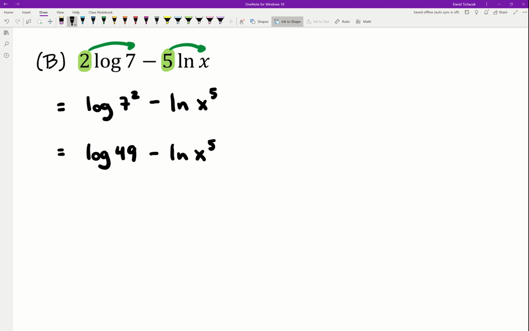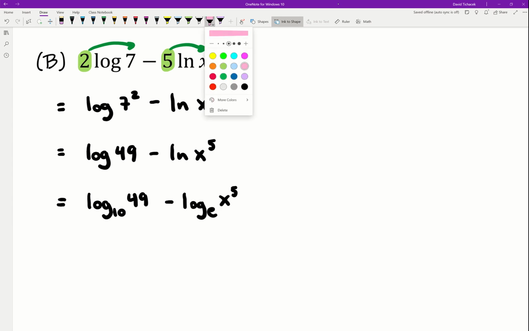And now you might ask yourself, how do we keep going, right? Well, the problem here is that I've got the log base 10, that's the common log, of 49, minus the log base e, that's the natural log, of x to the 5th. Our rules do specifically say that the bases of our logs need to be the exact same in order for us to apply the rules. And so for that reason, we're hitting a wall here.